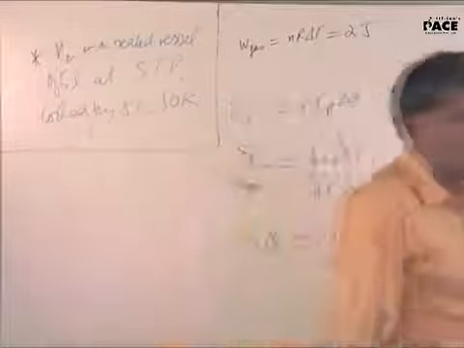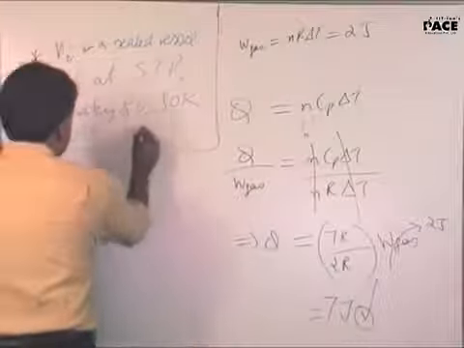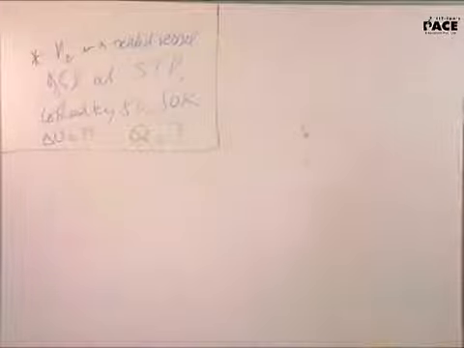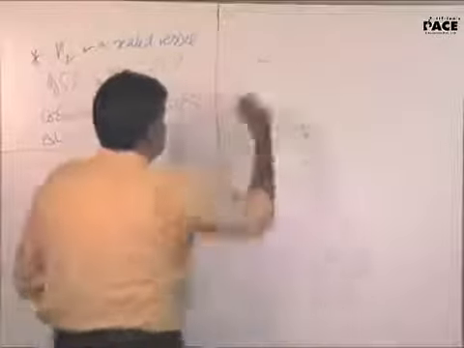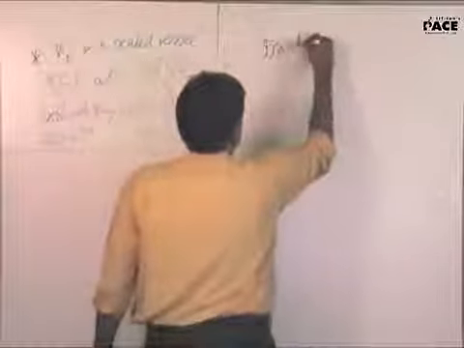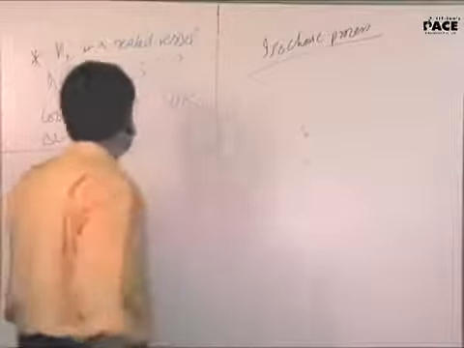So what is delta U and Q for the process? What kind of a process is going on? Okay, that's the first thing you infer. It's an isochoric process. So if it's an isochoric process, what are we looking at?